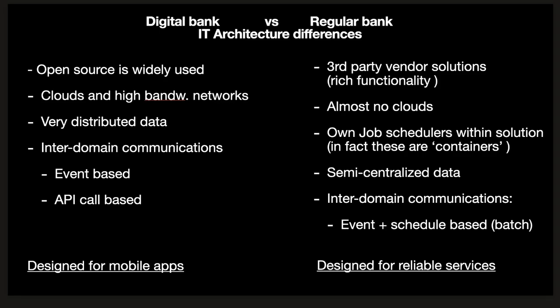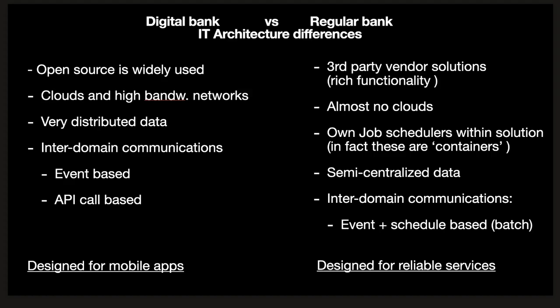So here's the difference between digital banks and the regular, well-established banks. Digital banks are literally software houses, like Uber or Lyft or any other FAANG companies, and the whole concept of the product is a mobile app which has built-in brokerage services, banking services, and so on.